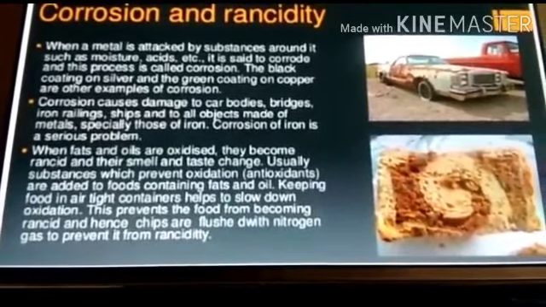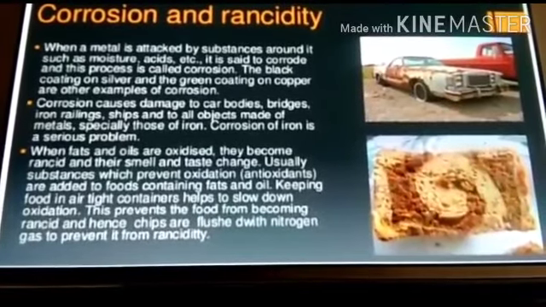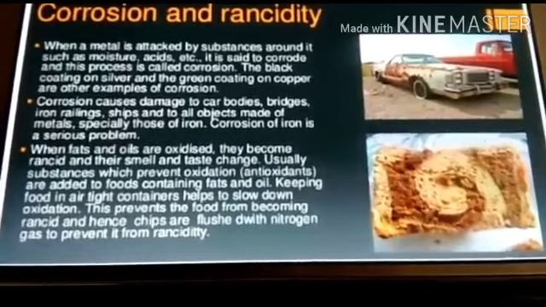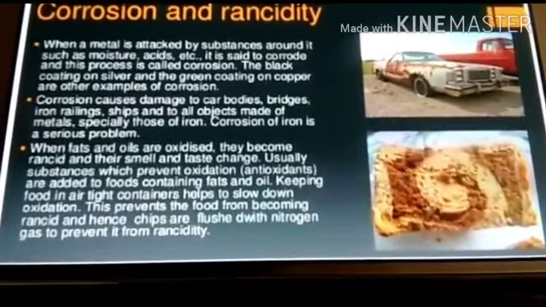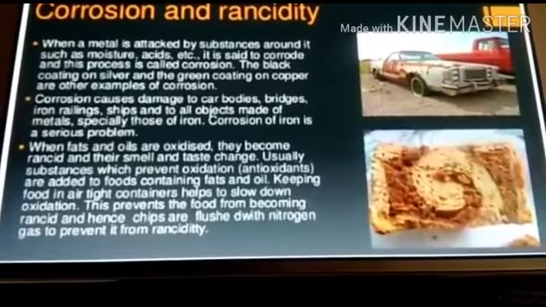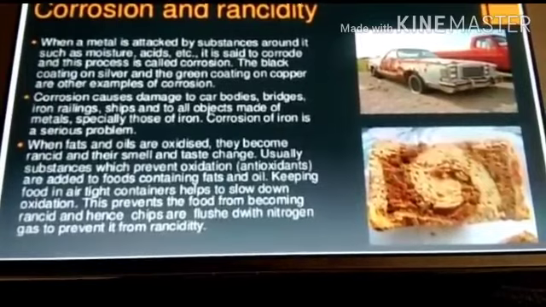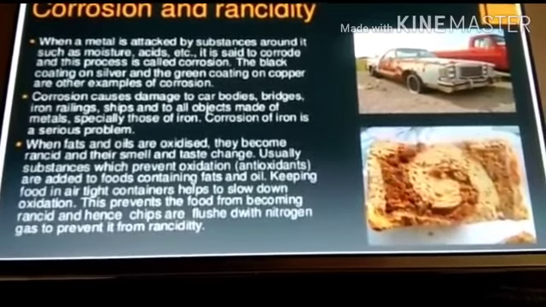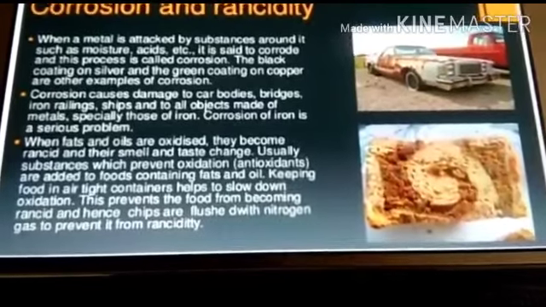Usually, antioxidants, substances which prevent oxidation, are added to food containing fats and oils. Keeping food in airtight containers will help to slow down oxidation. This prevents the food from becoming rancid, and hence chips are flushed with nitrogen gas to prevent rancidity.